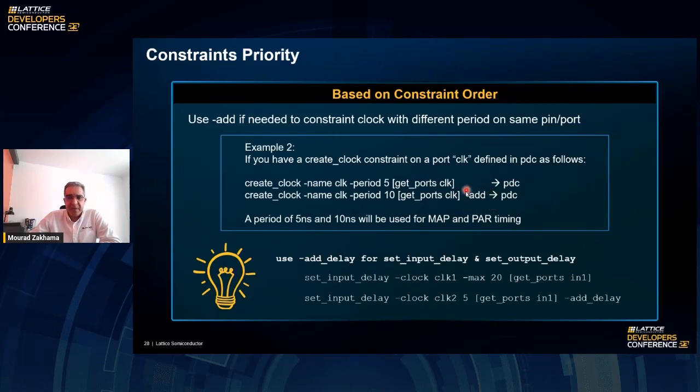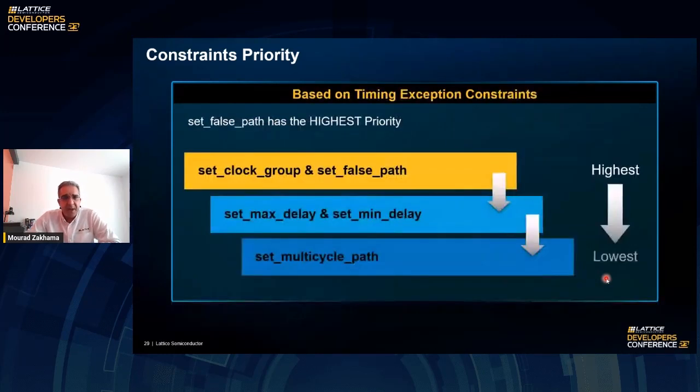Then you have to use -add in order to do that. The same thing applies for set_input_delay and set_output_delay. Unless you use -add_delay, the second one would override the first one if they are referencing the same object, like in this one, where in1 is referenced in the same way.